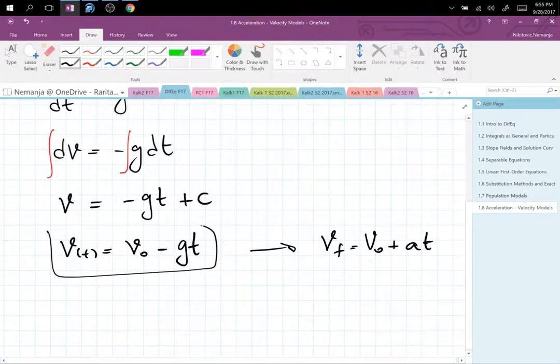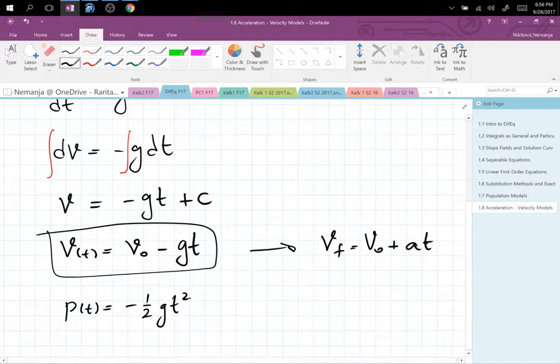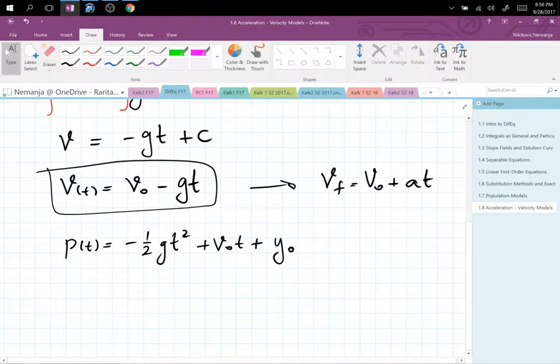So from this model, eventually you get that the position in time is negative 1/2 gt squared, right? This is the parabolic motion when you throw something, plus v0 t plus, let's say, y0, the initial height. The difference between dropping objects and tossing objects is going to be in this term, because when dropping an object, the initial velocity is 0.